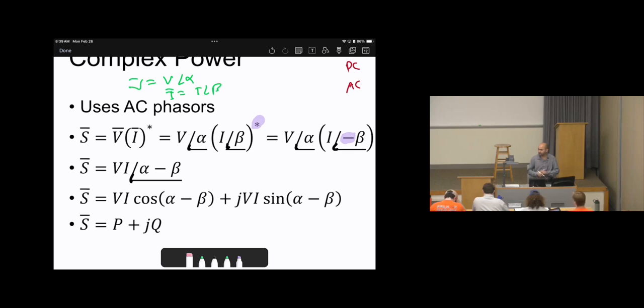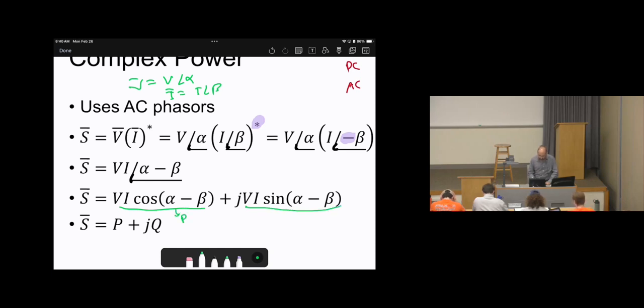Now we realize by looking at these formulas, we have rectangular coordinates, we have polar coordinates, right? Rectangular coordinates will be real part, imaginary part.